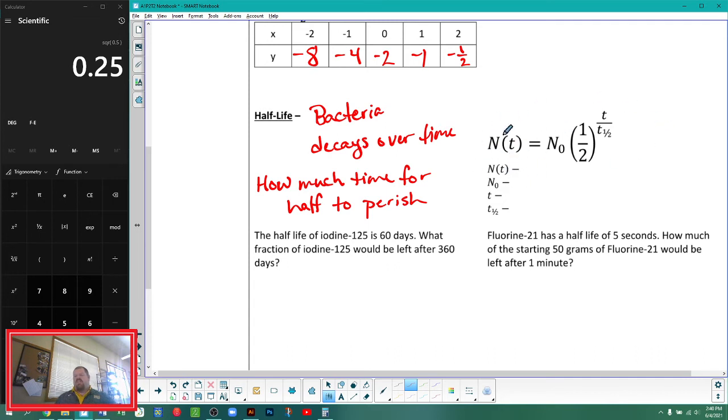And this is a half-life formula. This shows us how to find the half-life. And so the N with the t in parentheses is going to be the amount left after t time. The N with a 0 down below is the initial amount, the starting amount.